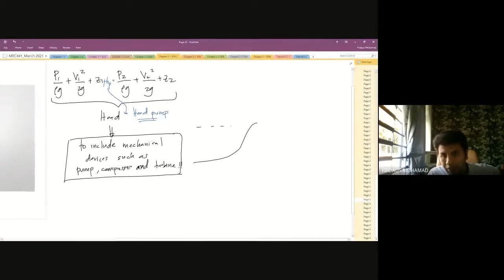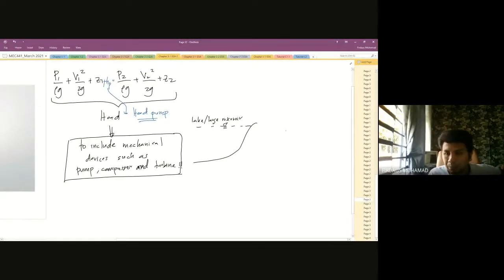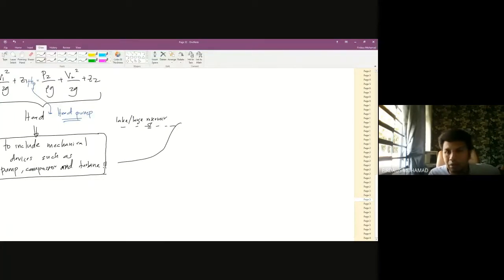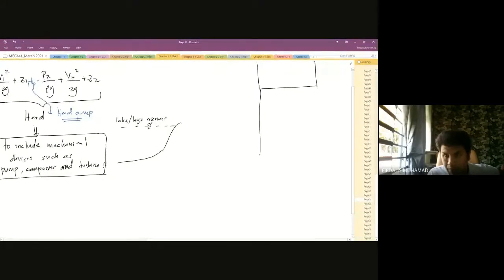So let's say this is your lake or large reservoir, with an open surface, and you want to pump this water to a water tank.